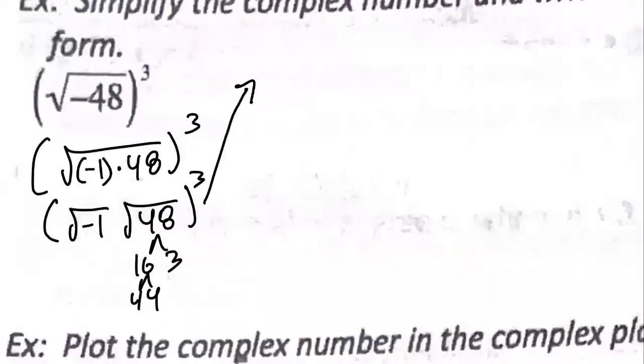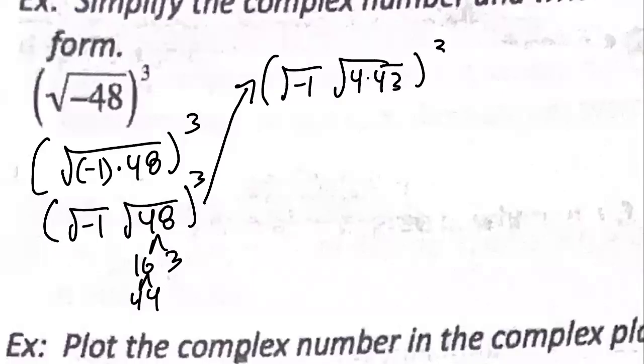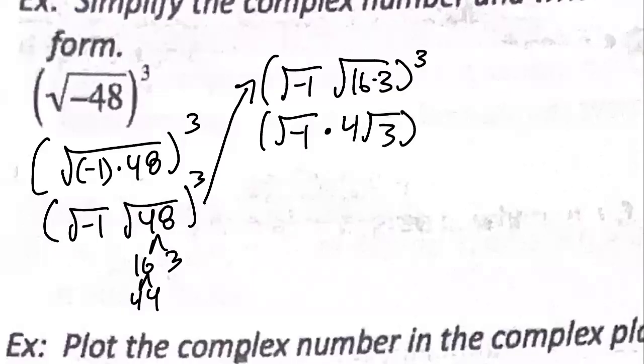This is something you learned in Math 1, and for some reason, this is the part that students always struggle with. So the square root of 48 is 4 times 4 times 3. And technically, you can just leave it as 16 times 3 because the square root of 16 is 4.